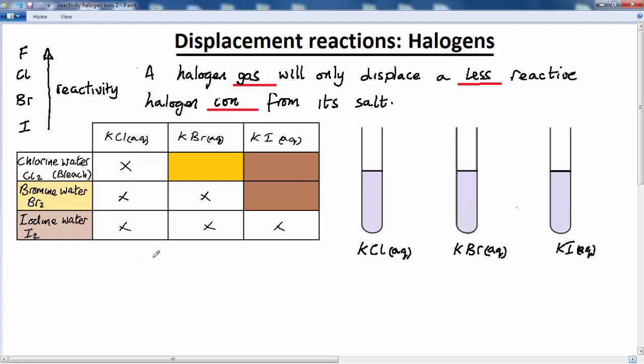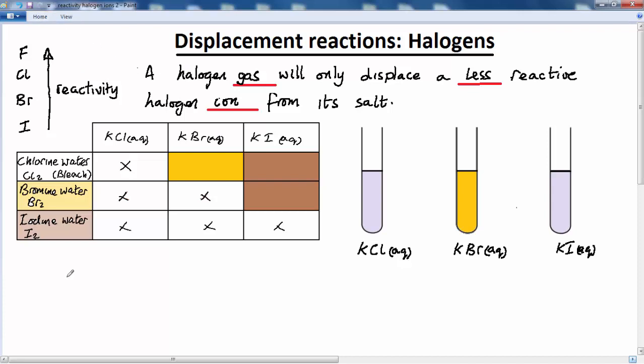Now I'd like to look a little bit more closely at what's going on in these reactions, and we're going to take, for example, the reaction of chlorine water with potassium bromide solution. Remember that when we add the chlorine water to the potassium bromide, we get a yellow solution appearing as bromine is displaced into the solution. Let's look at the reaction.